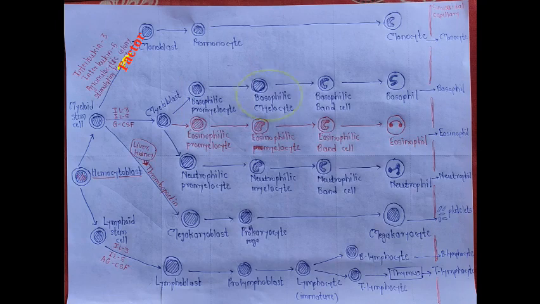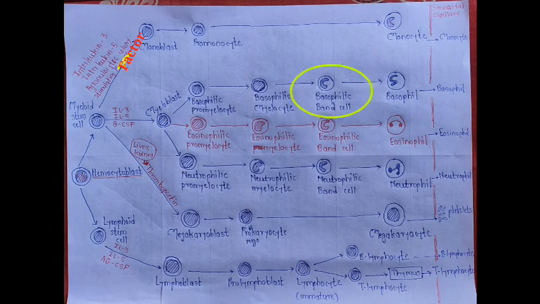At this stage the nucleus starts condensing. That's why its nucleus is somewhat U-shaped, but later on as it condenses more, it gets converted into another kind of cell, the basophilic band cell, which has a perfectly U-shaped nucleus and granules which are stained by basophilic dye.